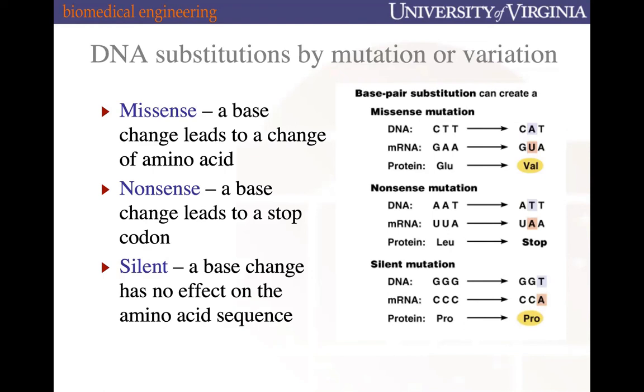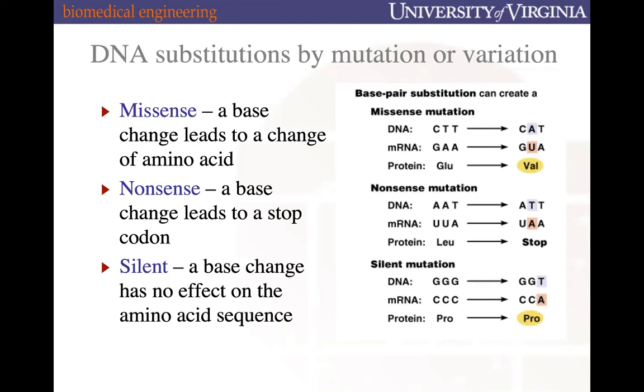In one example, the DNA encodes for CTT, the subsequent mRNA encodes for a codon that's GAA, and the amino acid for that codon is glutamate. If you change that middle thymine to an adenine, the subsequent mRNA nucleotide will be a U or uracil, and you'll go from a glutamate to now a valine.